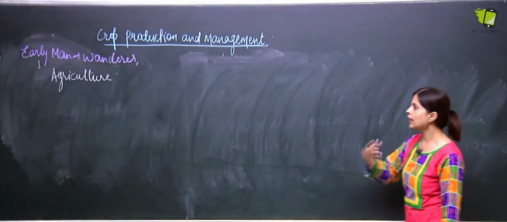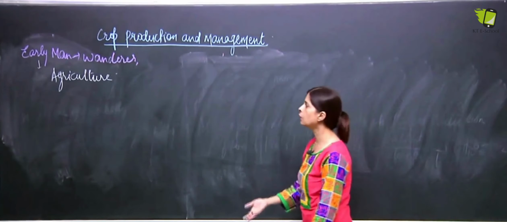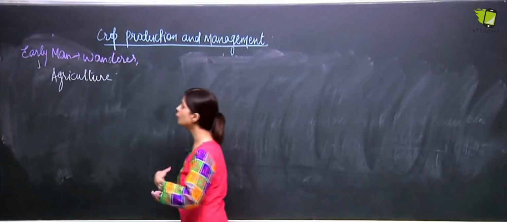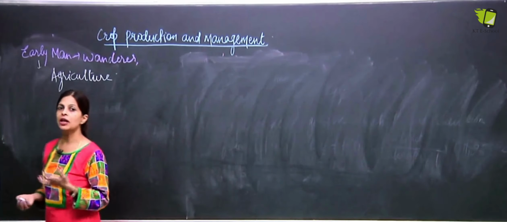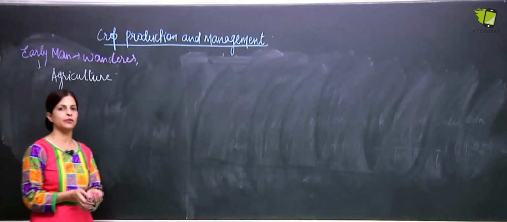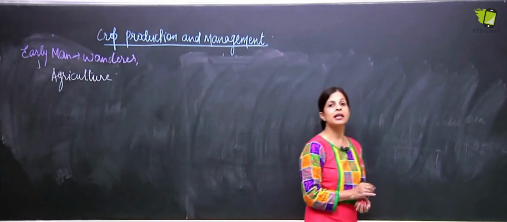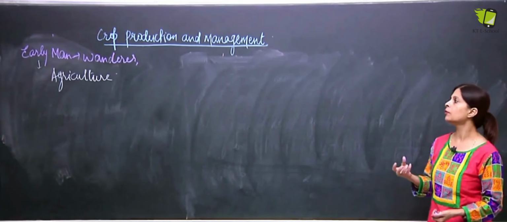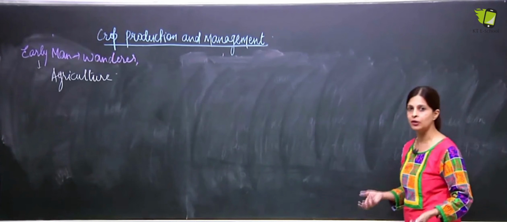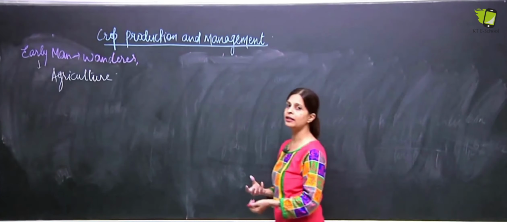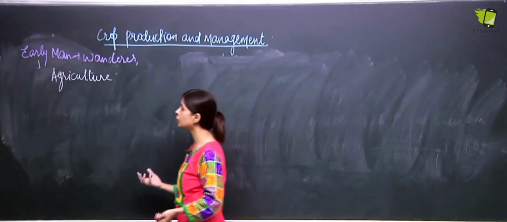So what has to be done to get better crops and more food? Our population ranks second in the world. Just imagine, with such a huge population, it is so difficult if the crop production is not good and the food we have is not enough.